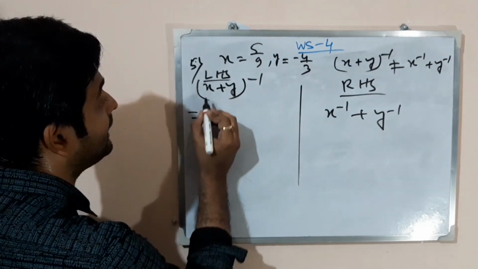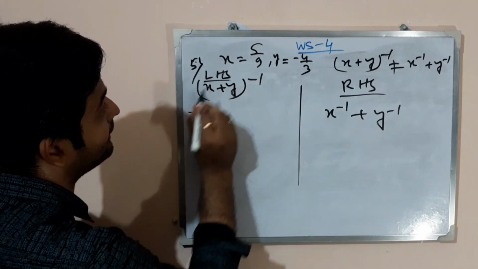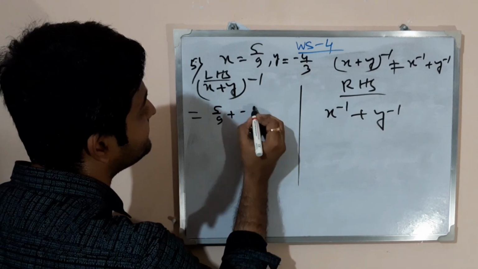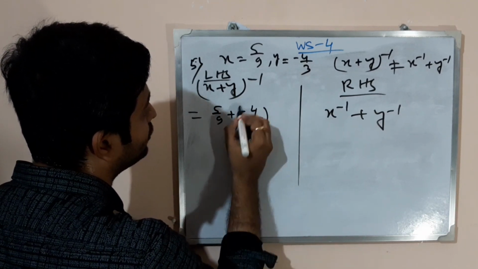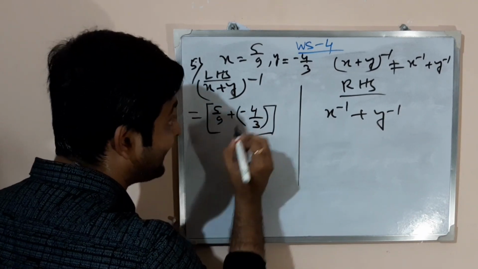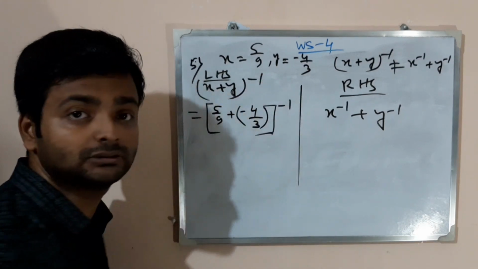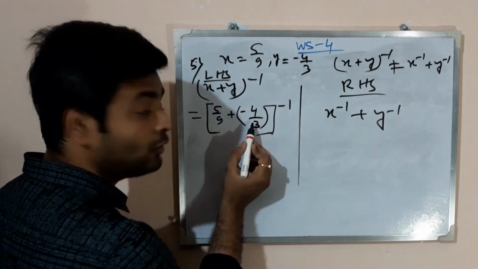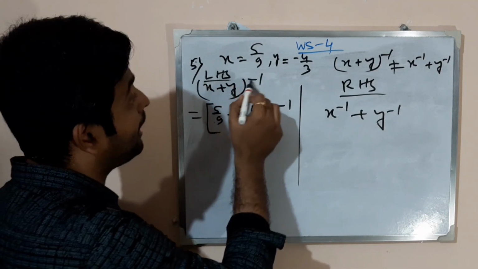See, first I put the values of x and y: 5/9 plus, and remember this is minus 4/3, in a bracket, then the inverse. Again see, the x value and y value in the bracket, whole to the power -1.